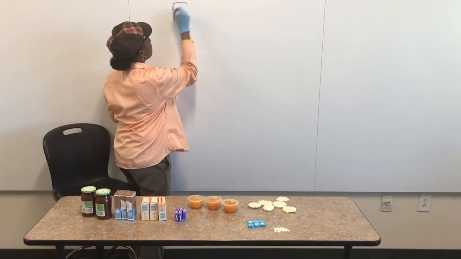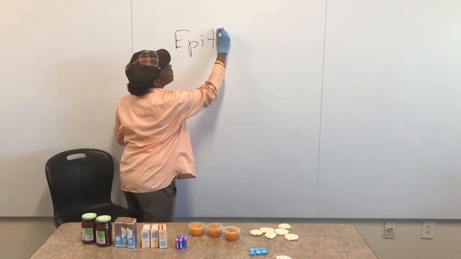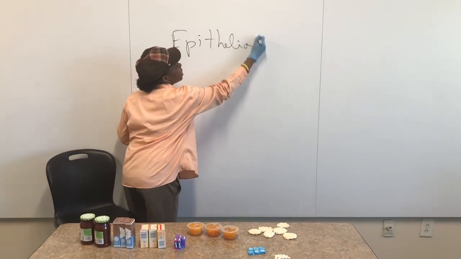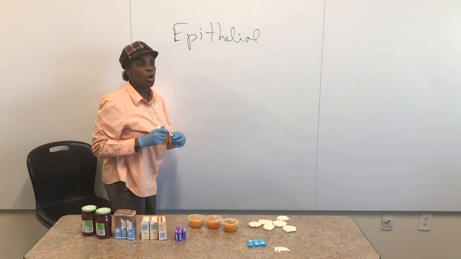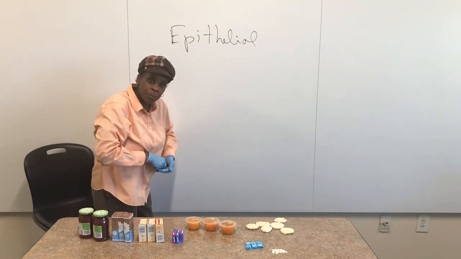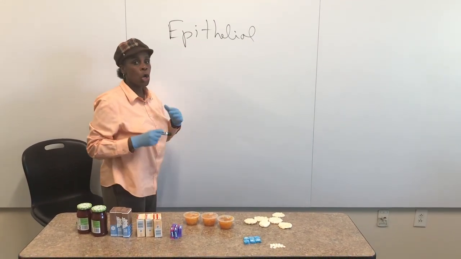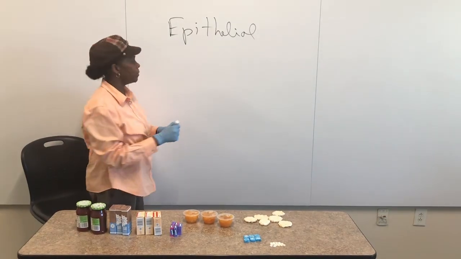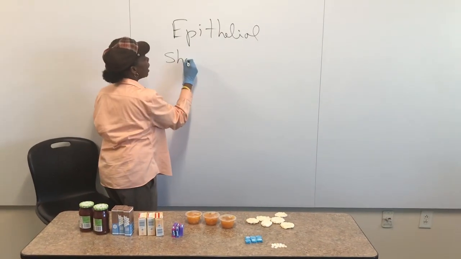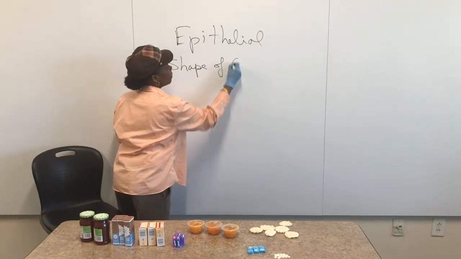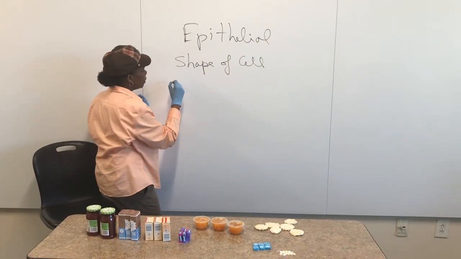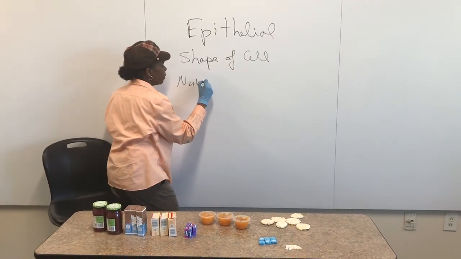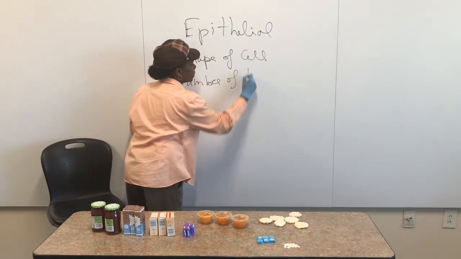Epithelial: epi, which means top, and thelium, which means layer, so the top layers of the body. Epithelial tissues are classified based on two things: the shape of the cell and the number of layers.